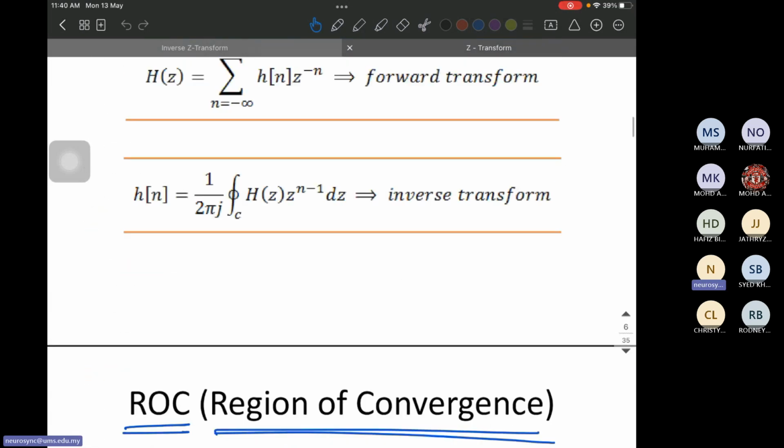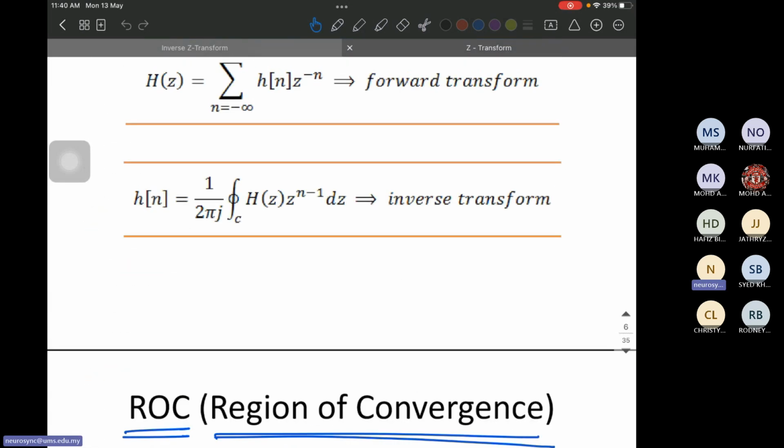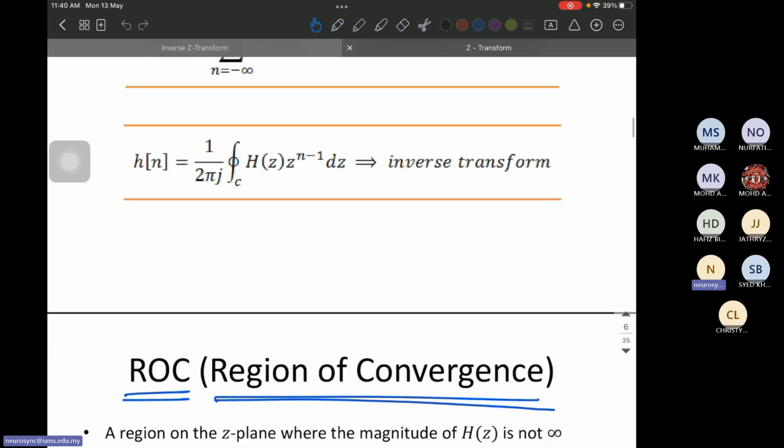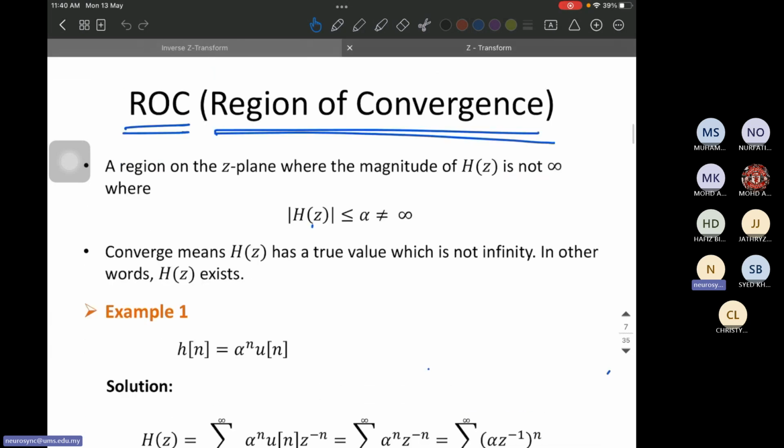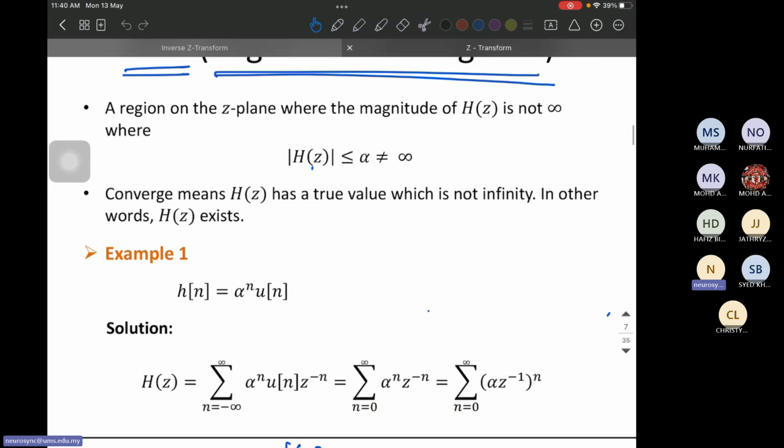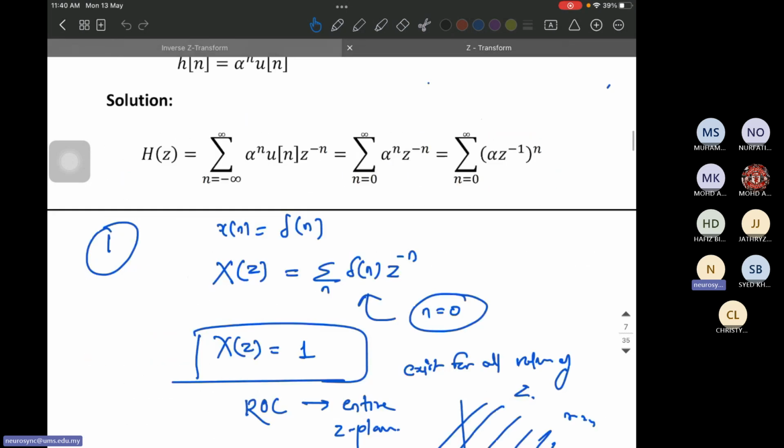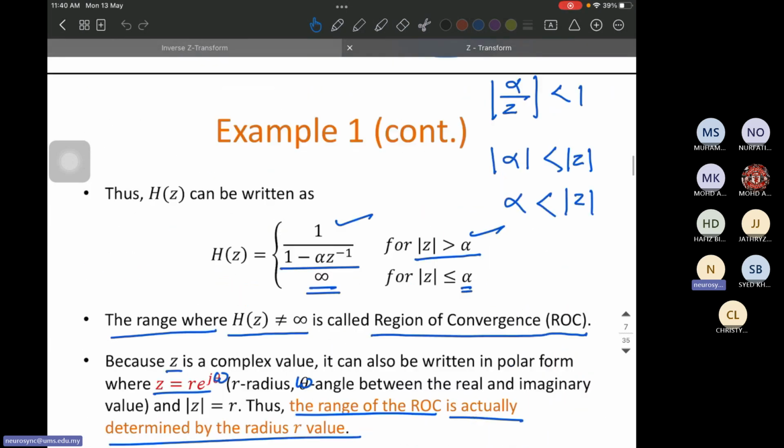Now when we calculate the inverse transformation, the region of convergence is also given. H of z and the region of convergence for the particular problem will be given. In the last lecture we have seen the region of convergence.